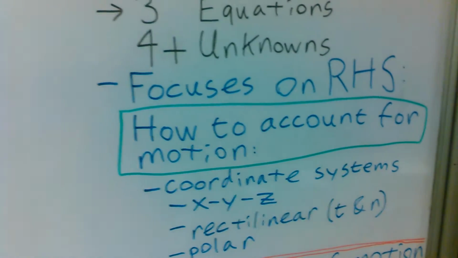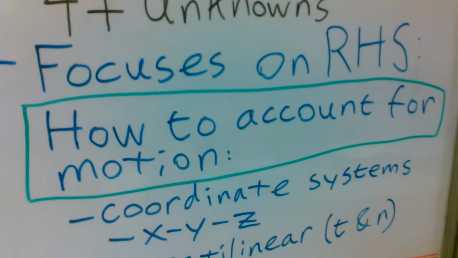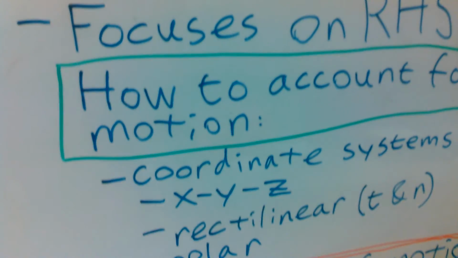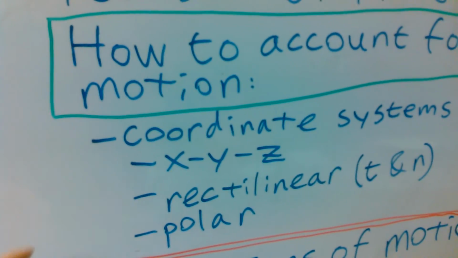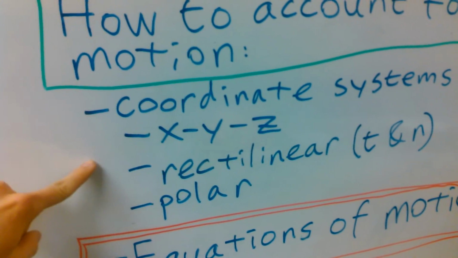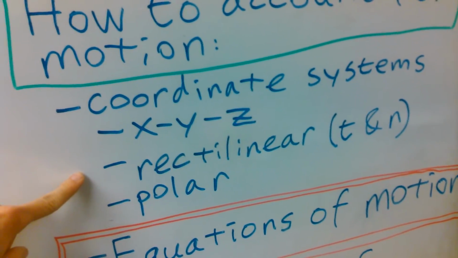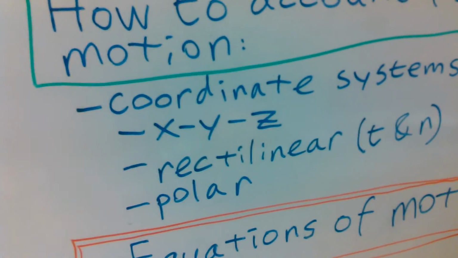So mainly what dynamics teaches you is how to account for different types of motion. It does so by teaching you how to use various coordinate systems like the XYZ coordinate system, rectilinear coordinate system, also known as tangent and normal, and polar coordinates.